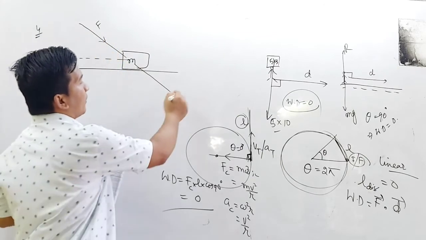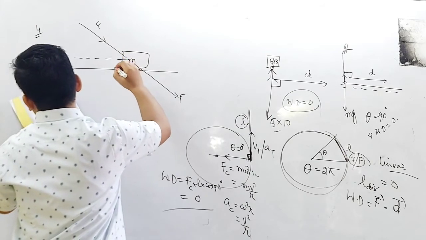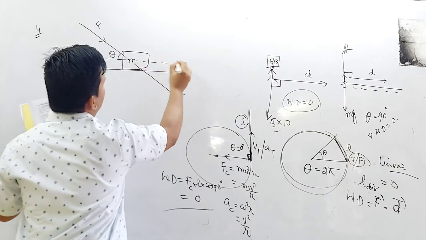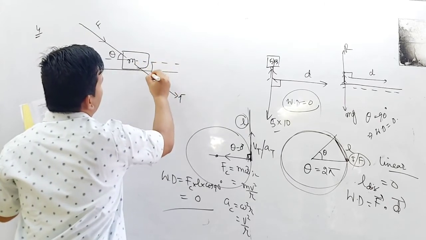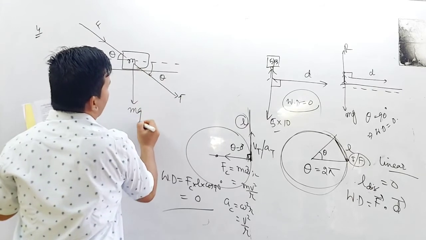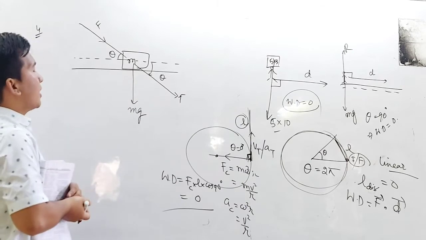This will be your F. If this angle is theta, then here this angle is also again theta. This will be your mg.